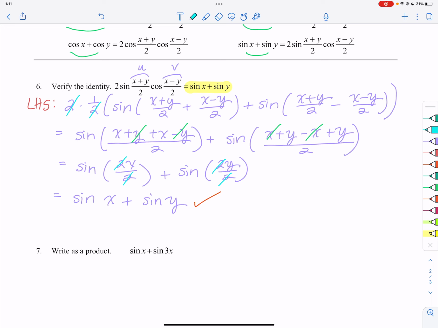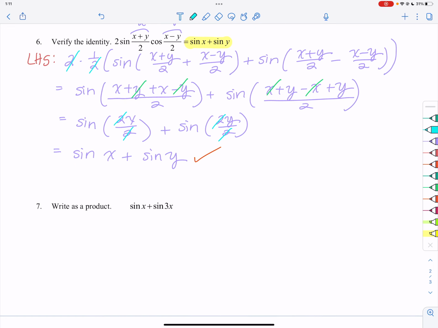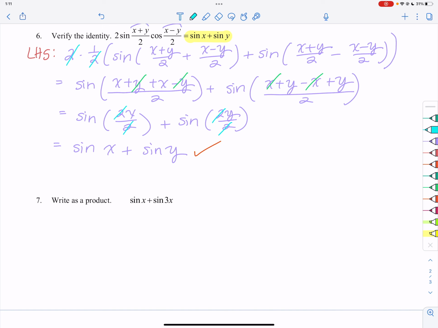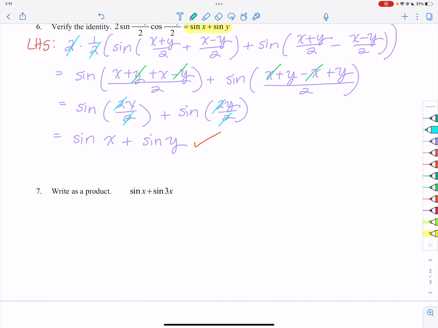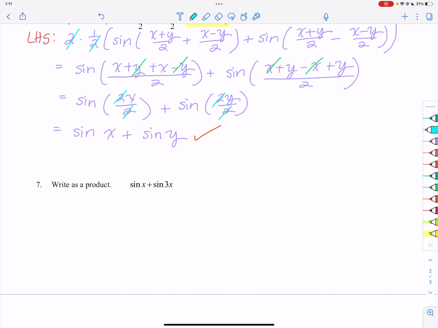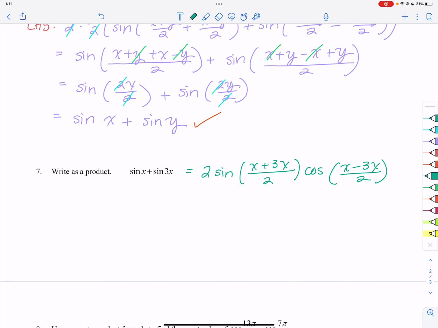Okay, and looking at number 7, we will write this sum as a product. So if we want to write this sum as a product, we can say that this is equal to 2 times the sine of (x plus 3x) divided by 2 multiplied by the cosine of (x minus 3x) over 2.